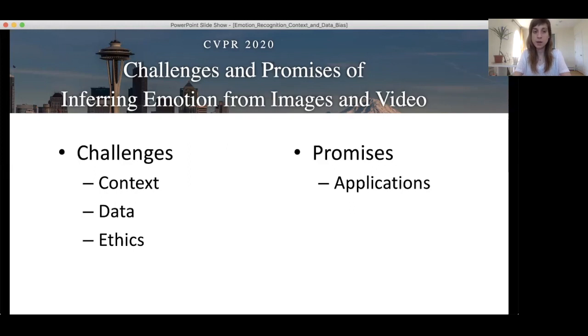And then besides these two, there's another challenge that is very important in my opinion, which is ethics. When we work in affective computing, depending on the application, sometimes you deal with information that is very private and very sensitive. So of course, privacy is a very important aspect.